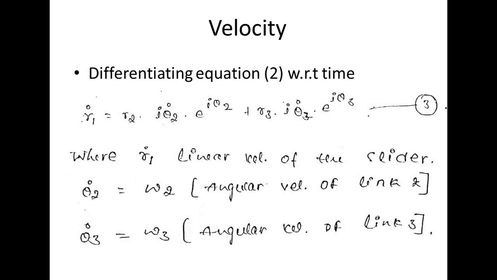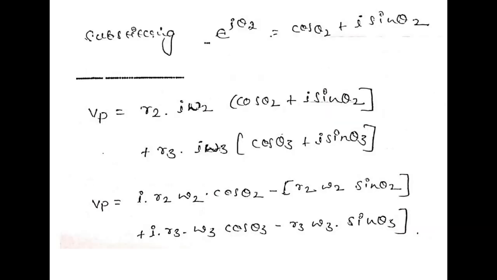Here, in the equation, in place of theta 2 dot we substitute omega 2 and in place of theta 3 dot omega 3. And e to the power of I theta 2 is nothing but cos theta 2 plus I sin theta 2, and similarly e to the power of I theta 3 is equal to cos theta 3 plus I sin theta 3.